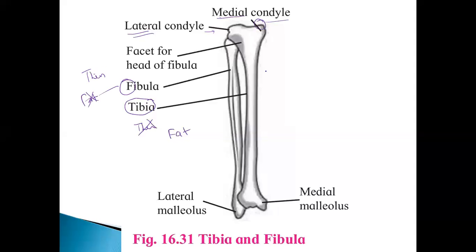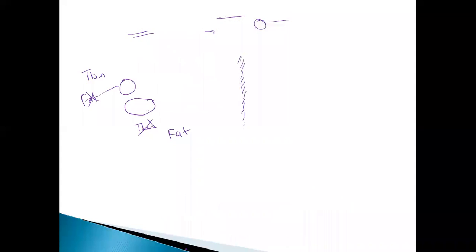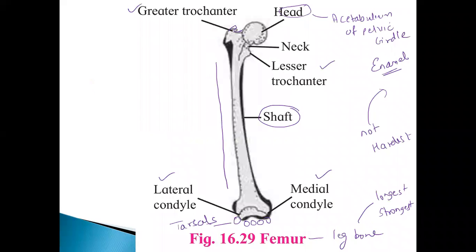So just the opposite of this. In the center you are going to get the interosseous membrane present here. So you have this as tibia and this as fibula. There is the lateral malleolus and the medial malleolus. So this is what you should know. When we talk about this tarsal, this is a mistake here. Tarsals are not there.